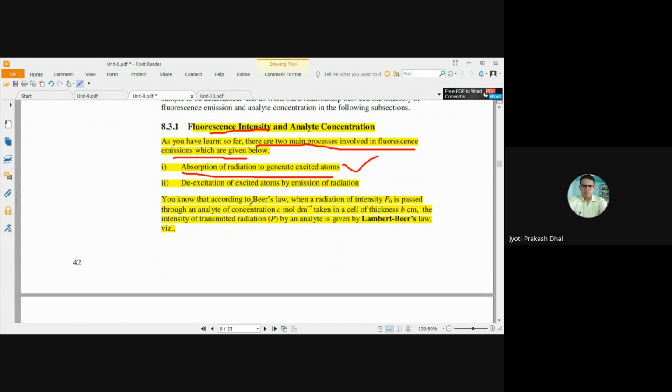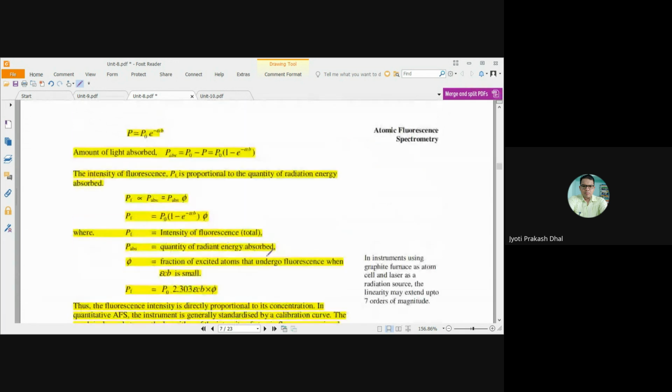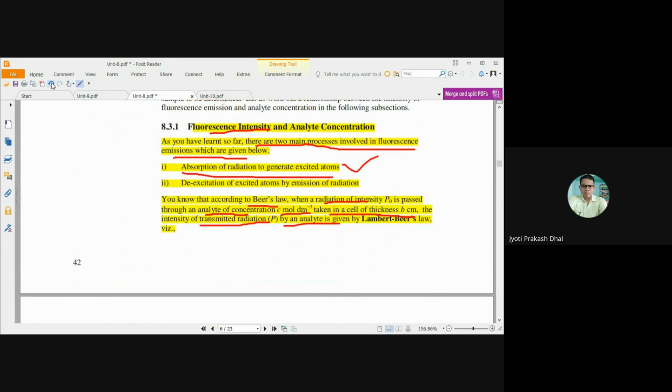We have already known that according to Beer's law, when radiation of intensity P0 is passed through an analyte of concentration C moles per liter in a cell of thickness b centimeter, the intensity of the transmitted radiation is given by the Lambert-Beer law.